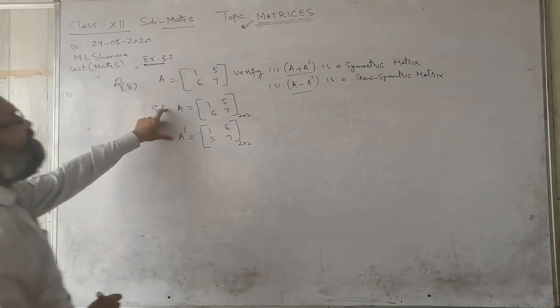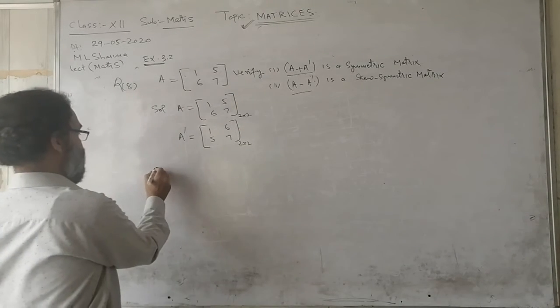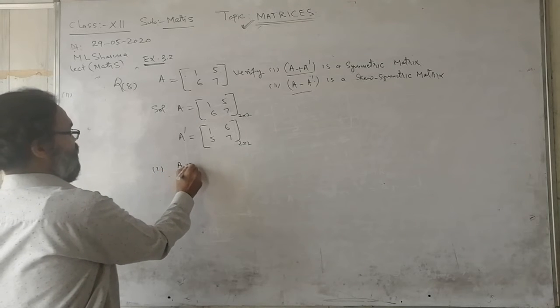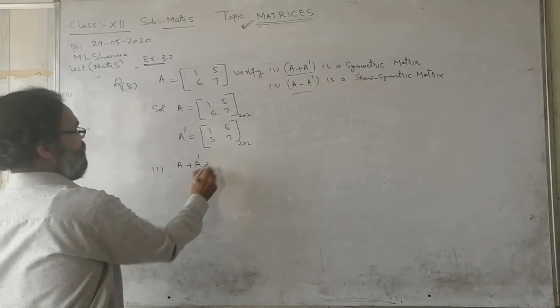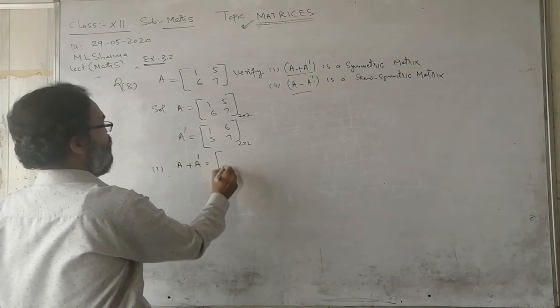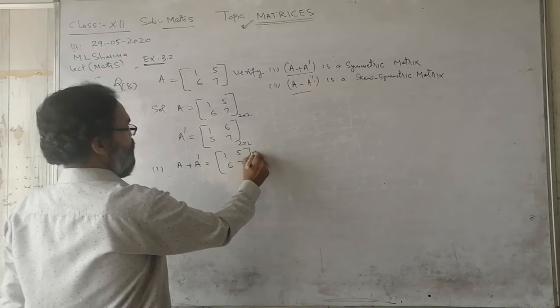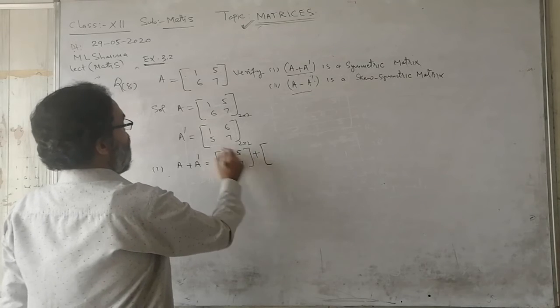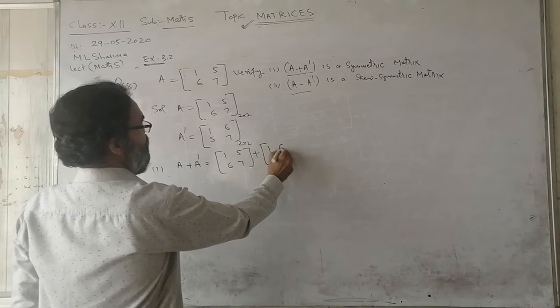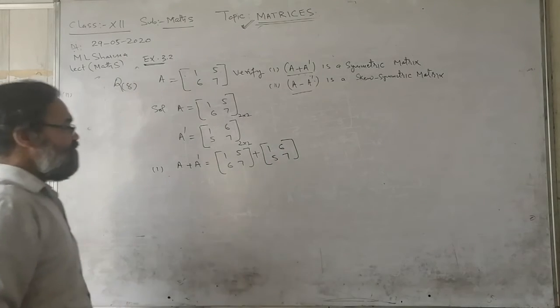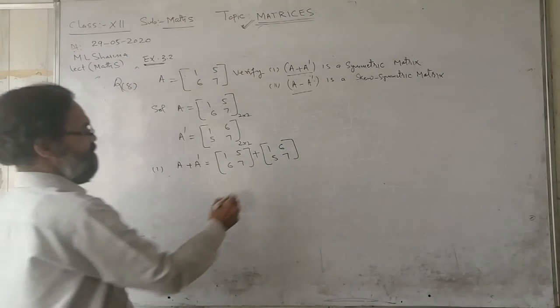If I add these two, for part first I have to prove A plus A transpose. So this will equal 1, 5, 6, 7 plus 1, 6, 5, 7. So these are two matrices of 2 by 2 order.